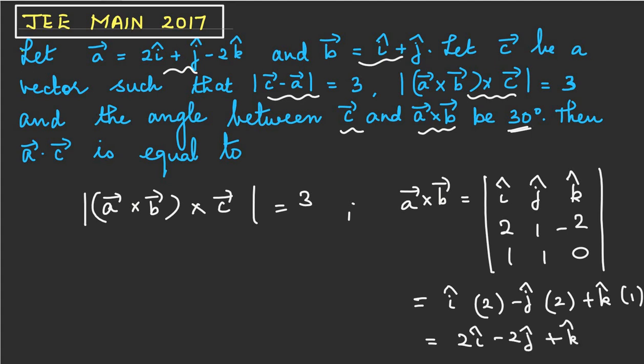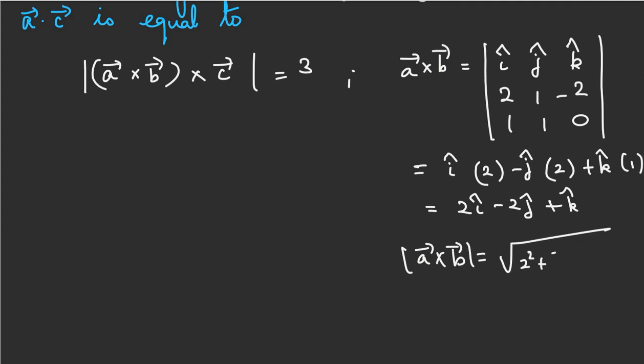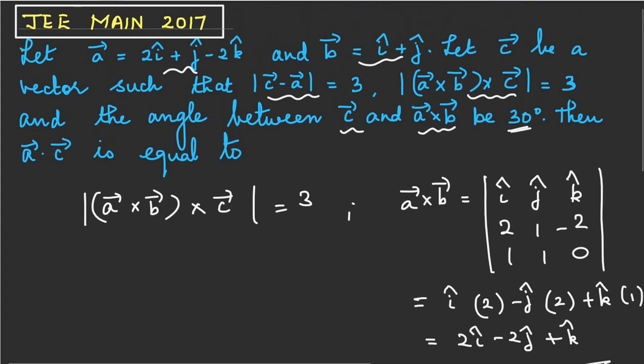We know a cross b here. Now the mod of a cross b is equal to root of 2 squared plus minus 2 whole squared plus 1 squared, root of 9, which is equal to 3. But it is given in the question that mod of c minus a is 3 and a vector is equal to 2i plus j minus 2k.